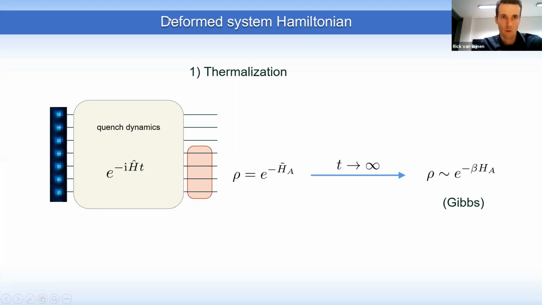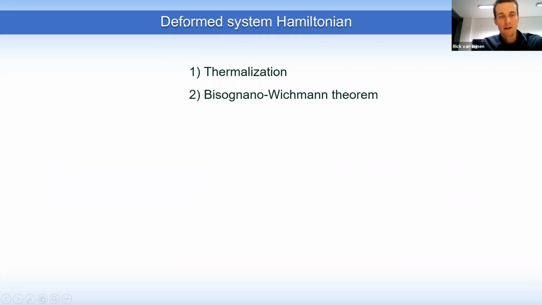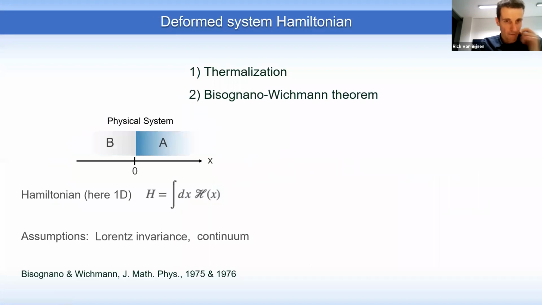But I have more arguments for why it should be deformed. Namely, there's another theorem from axiomatic quantum field theory. It's called the Bisognano-Wichmann theorem. This is defined for continuum systems with Lorentz invariance, where you have not a Hamiltonian but a Hamiltonian density, basically.